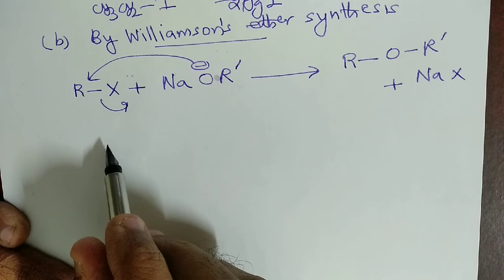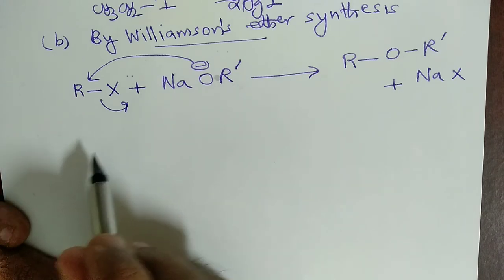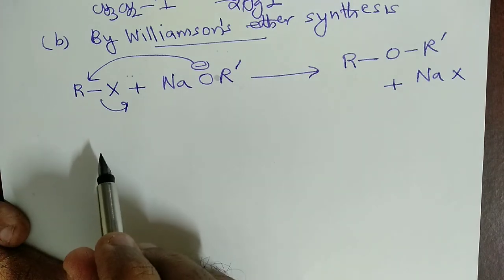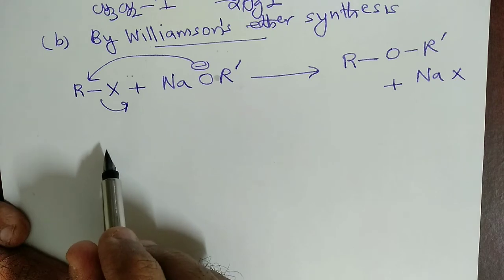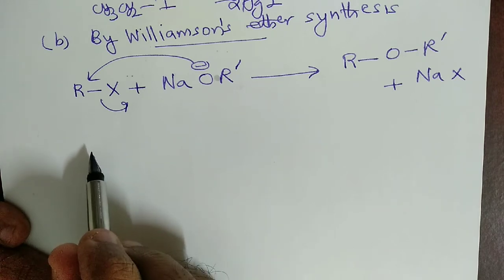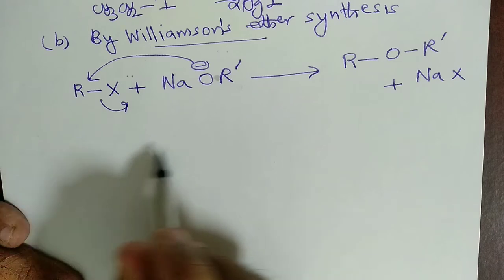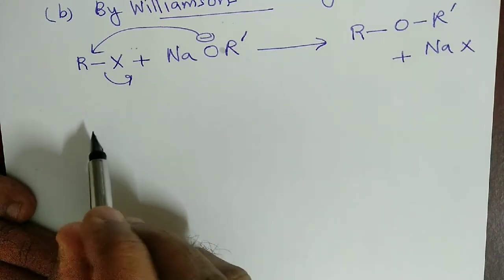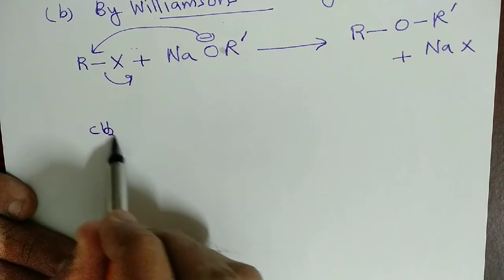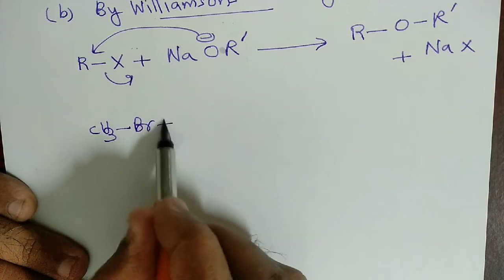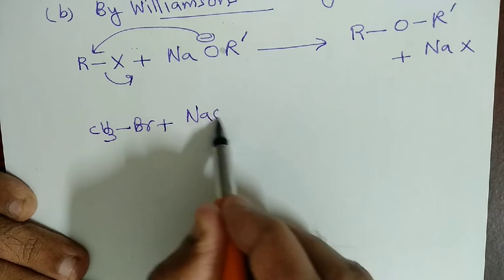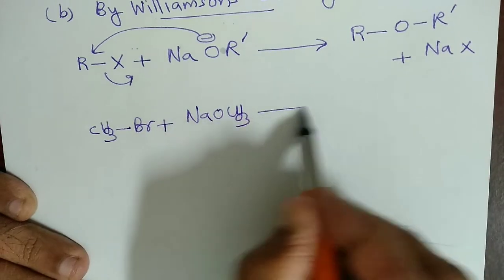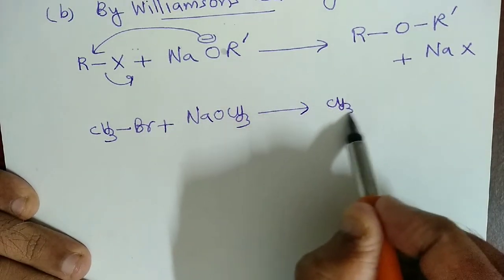Due to partial double bond character of the carbon-halogen bond in haloarenes, haloarenes or aryl halides also do not give this reaction. As an example, methyl bromide on treating with sodium methoxide gives dimethyl ether.